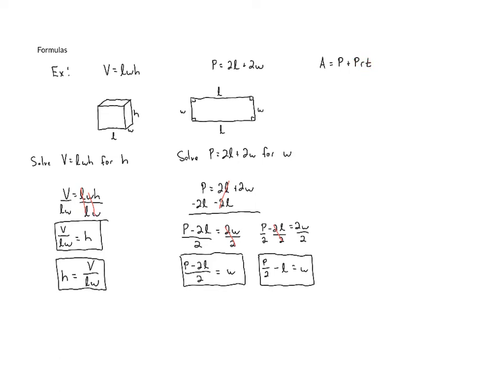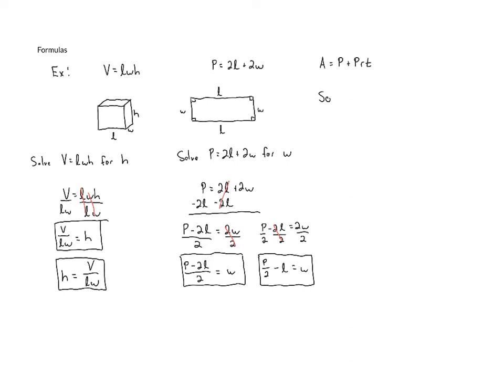This expression actually represents the interest that you've earned. Now, I'm not going to write out all of these definitions, what the principal is, what the rate is, what the time is, because our goal is not to get really good at dealing with interest right now. Our goal is to just deal with formulas.